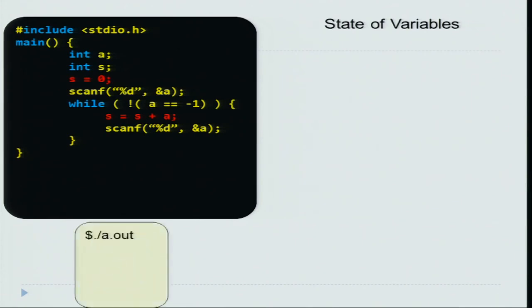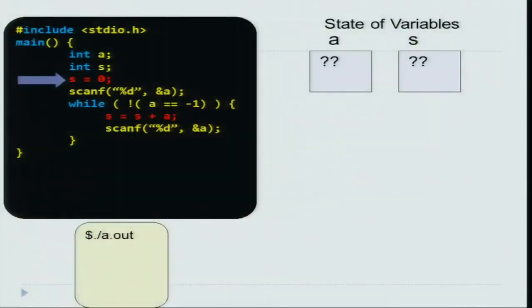Okay. Let us try to trace the execution of this program on a sample input and try to understand how it works. Okay. Let us say that I compile the program successfully and run the program. Okay. So, I run a.out and let us, as before, let the first number be 4.